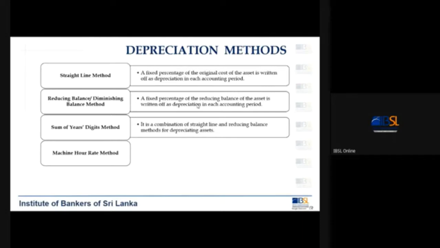You are going to use an indicator or criteria which is based on the machine hours. In other words, whatever the machines that are working in the factory, you will use the number of hours that they are going to work. That is going to be the basis of the depreciation method.